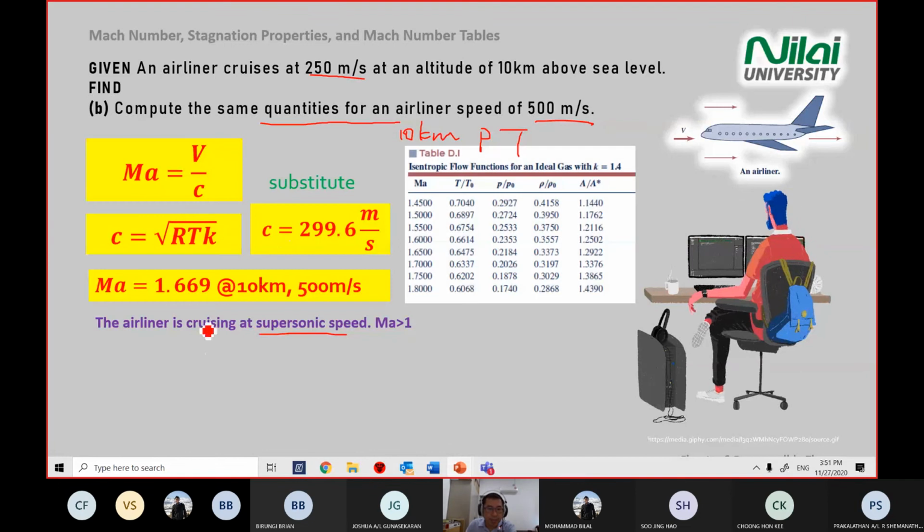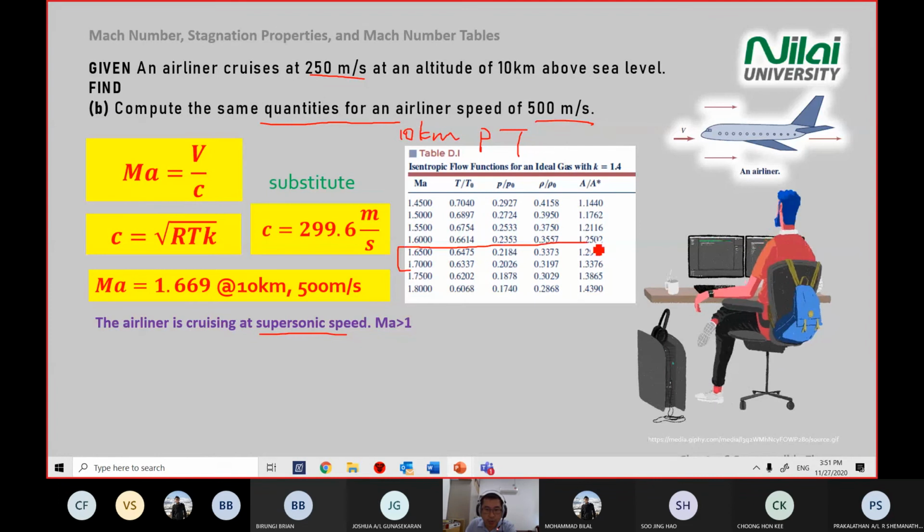Again, look at table D.1, because now our Mach number has changed. Our Mach number is 1.669, which is around these two numbers, this row that I highlighted.